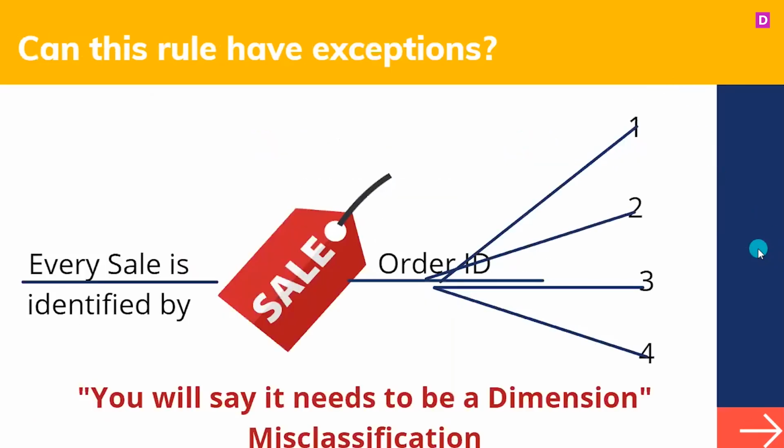One more thing I wanted you to understand is that this is the general definition we give to understand the meaning of dimension and measure. There is always a possibility that this kind of theoretical understanding will have exceptions. To understand what kind of exceptions could arise in terms of dimension and measure, I've put some examples.